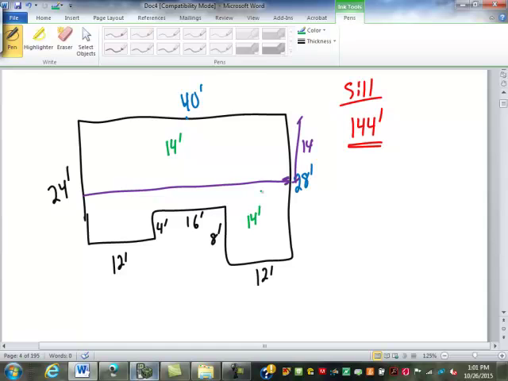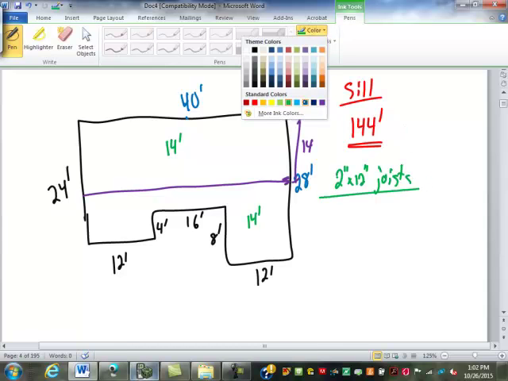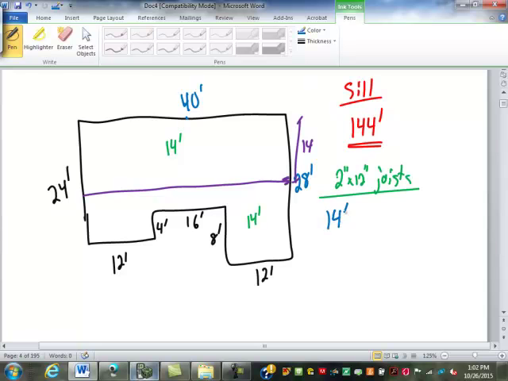Now I'm going to say that what we're using here for joists are 2x12s. So for 2x12 joists, I'm going to look at 14 footers first. What's my span here? My span is 14. What's my length that I'm running? 40 feet.